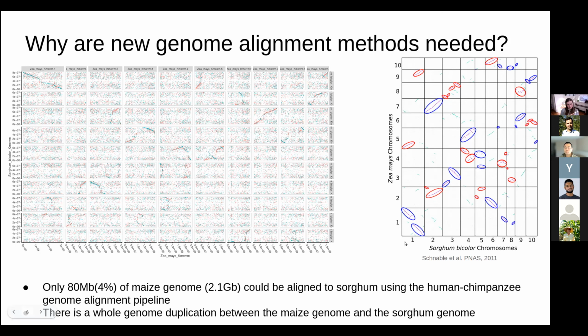And another problem is, on the right, a very nice plot from Dan Schnable about 10 years ago. He shows there was a whole genome duplication in the maize genome after the divergence from the common ancestor with sorghum.